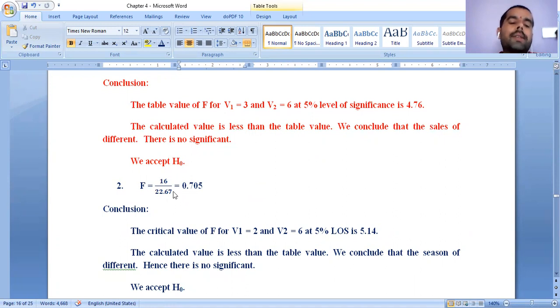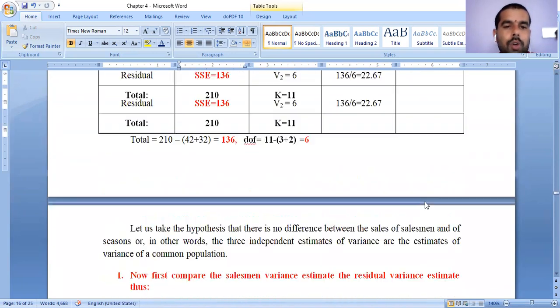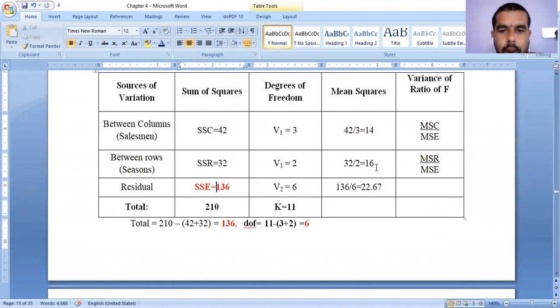See, 22.67 is the denominator. This value we have taken in the first conclusion and second conclusion also, but the numerator value is different here. In the first conclusion it is 14 and in the second conclusion it is 16. You observe carefully here, 14 and 16.